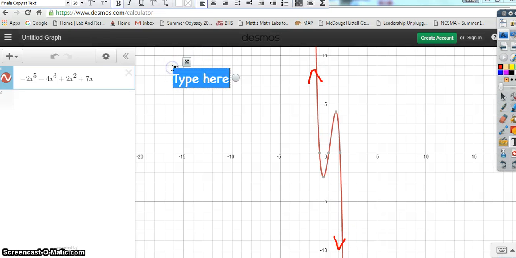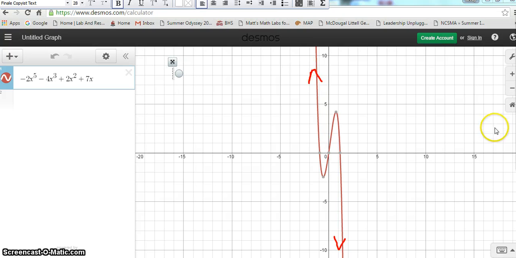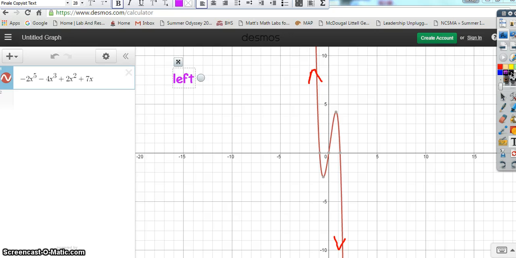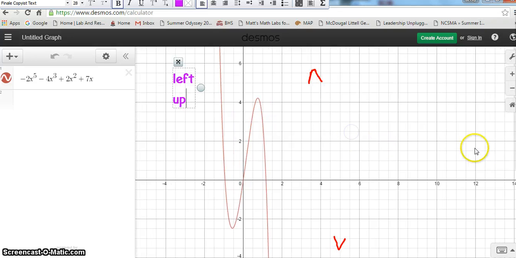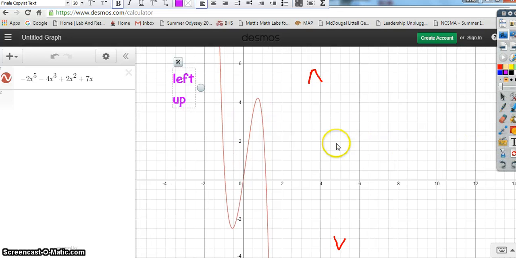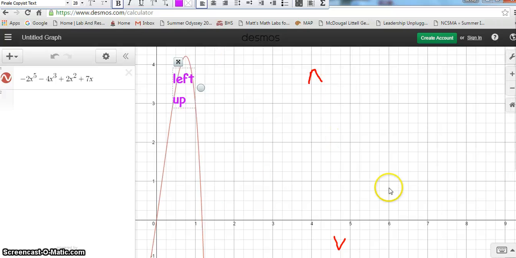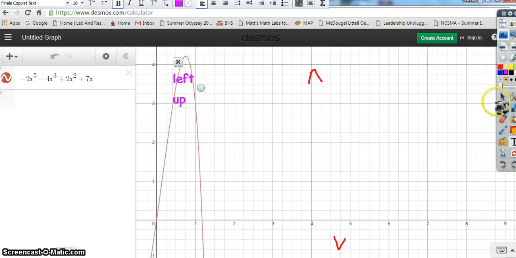So let's say left, and that's typing in white, so that's not very helpful. There we go. On the left, it's pointing up, and on, whoa. Still true, so we're going to keep going with it. It's interesting that it keeps zooming me in. Ah, the joys of technology.